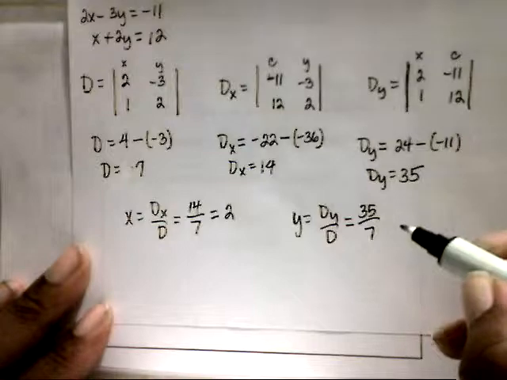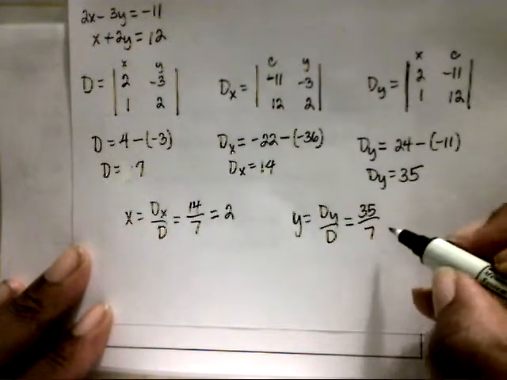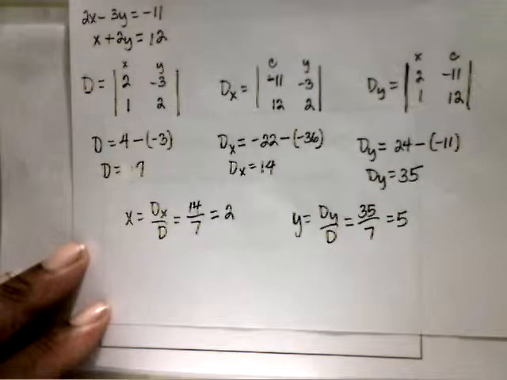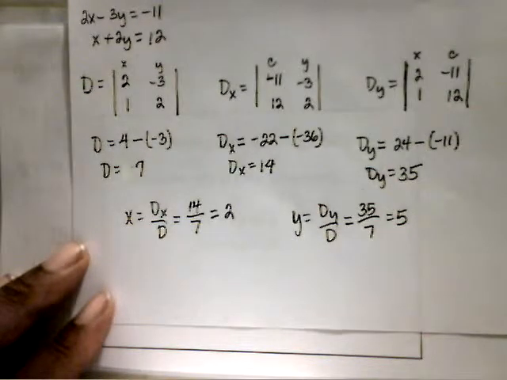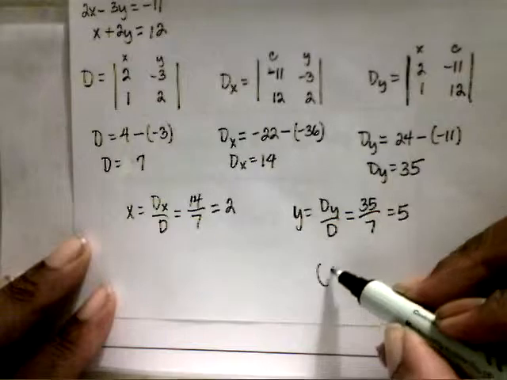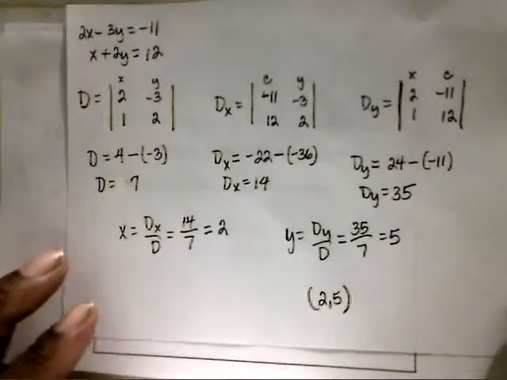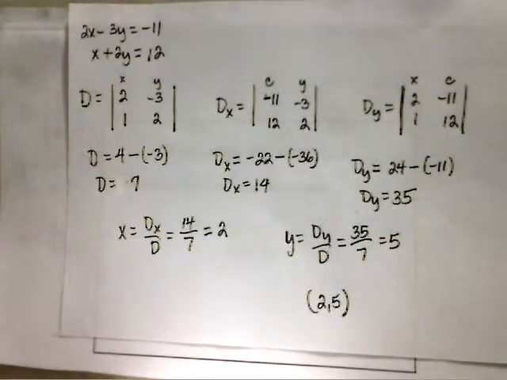D is 7. 35 divided by 7 is 5. So we found out what x and y are going to be. 2, 5. So the ordered pair for this system of linear equations is going to be 2, 5. Okay, so this is how we apply Cramer's rule to solve a system of linear equations in two variables.